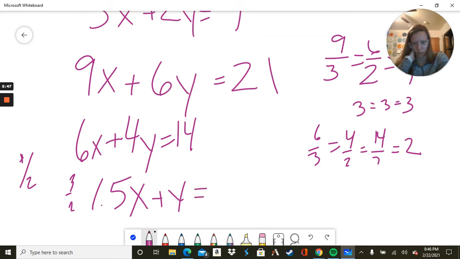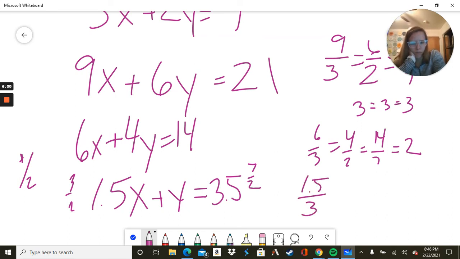Okay, equals 3.5, or 7/2. So now, again, we simplify. 1.5 over 3. Oops, sorry, backwards. 3 over 1.5. 2 over 1.